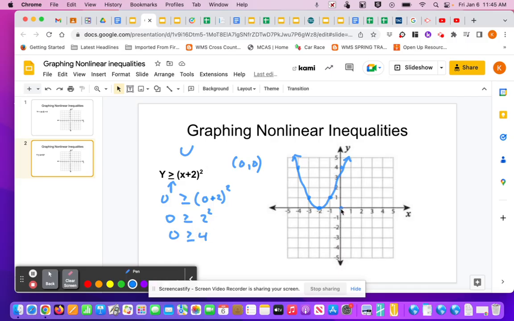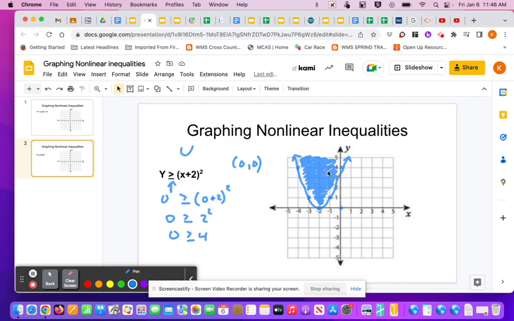That means the origin is not part of the many, many solutions to this inequality statement. So because of that, I know that the region that needs to be shaded in does not contain the origin. That means it has to be this region in here.